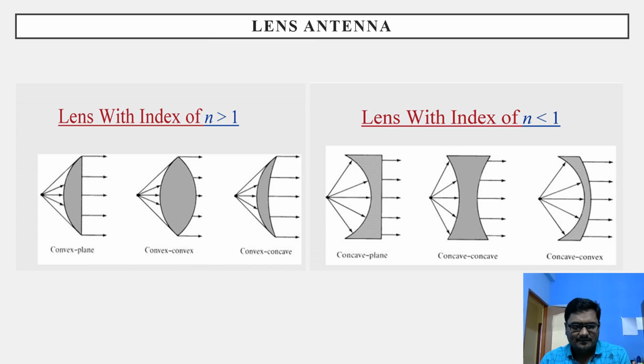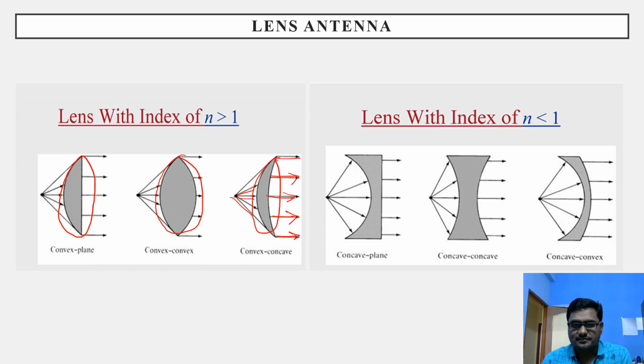Look at it. It is a kind of lens. We have done a few experiments about lenses in maybe your 11th or 12th class. Look at this, isn't it the same? Look at the lens and look at the feed. 1, 2, 3, so many signals are there, and then they are concentrated in a single direction.